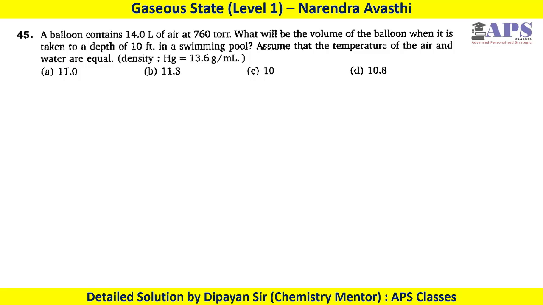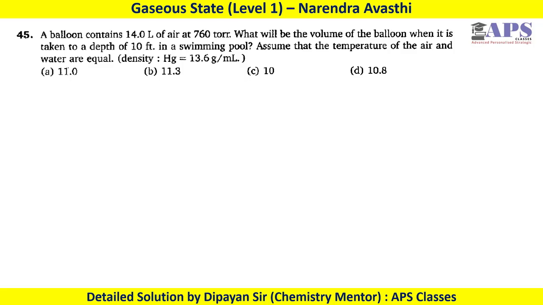In question number 45, a balloon contains 14 liter of air at 760 torr. What will be the volume of the balloon when it is taken to a depth of 10 feet in a swimming pool? Assume that the temperature of the air and water are equal. The density of mercury is 13.6 gram per ml.